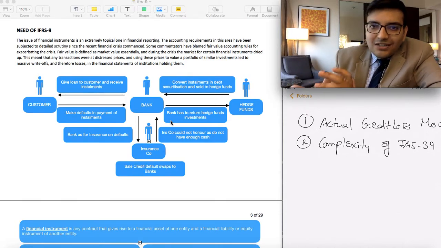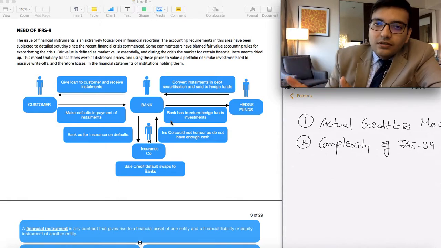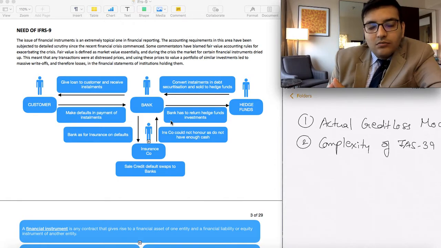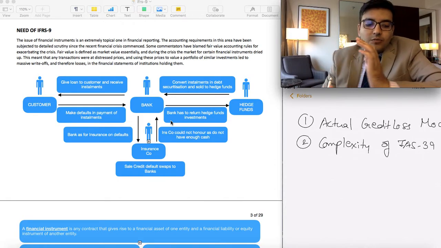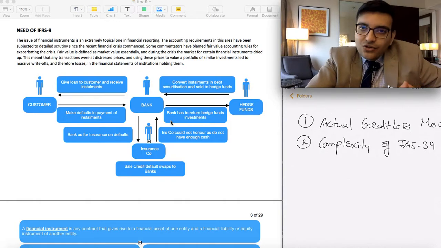The crisis was not because of IAS 39 or any of the standards, but the effect was worsened because of IAS 39. And how come? Let us talk about that, because we are not here talking about how the economic recession came in.